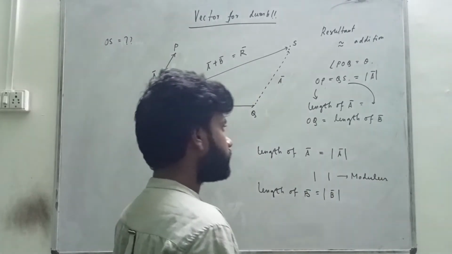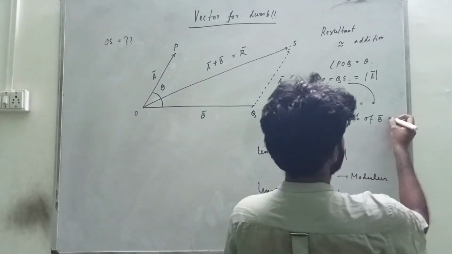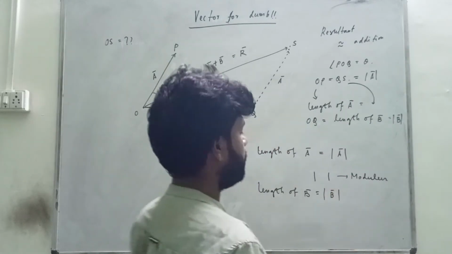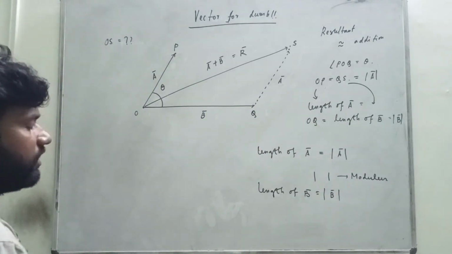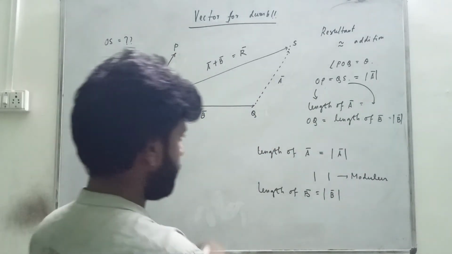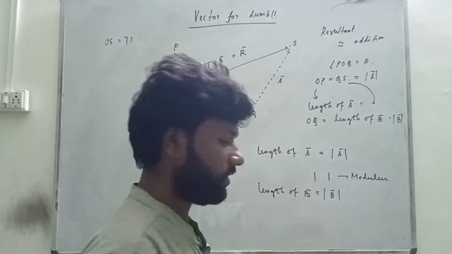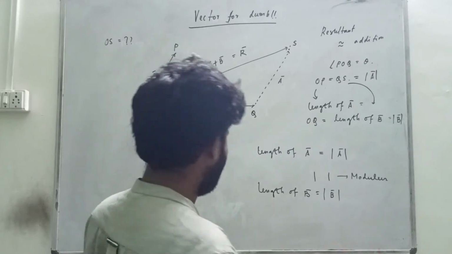Obviously OQ means modulus of B. Okay. Thus it is very simple. Or in short, you can call it mod. This is no problem.